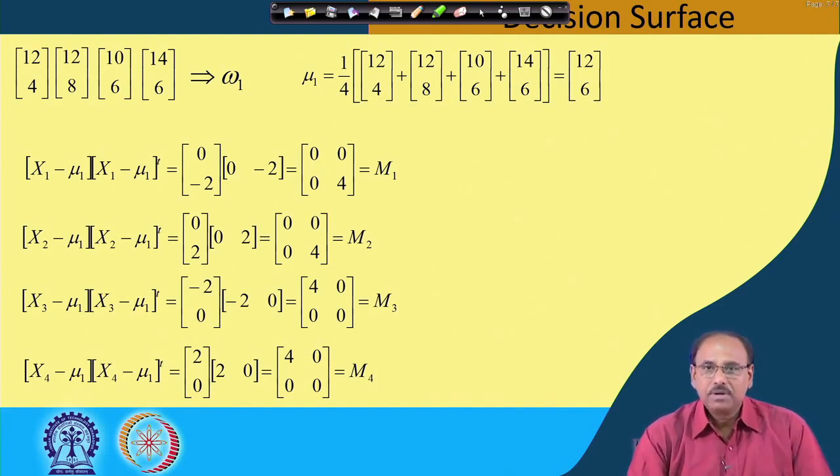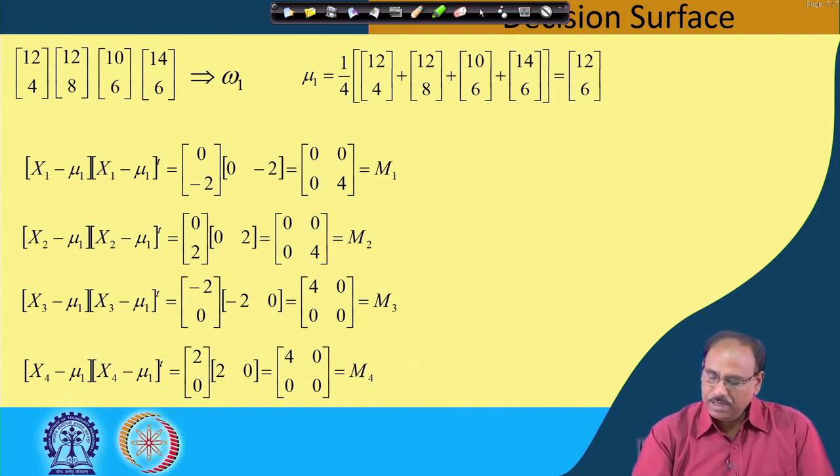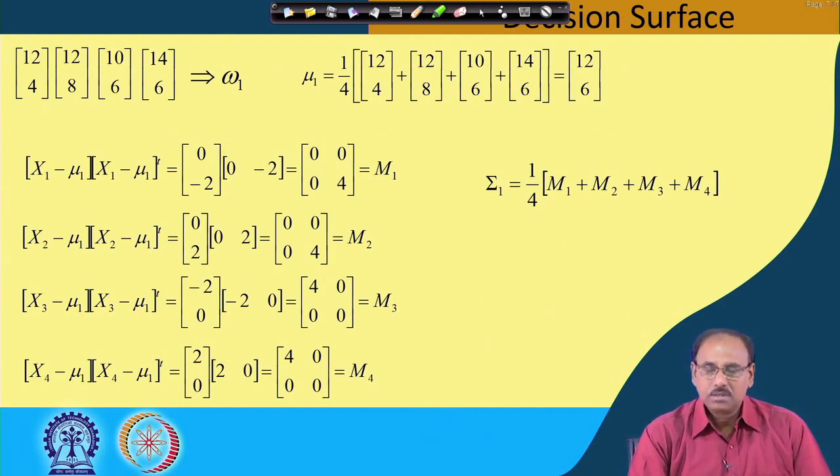Once I have these 4 matrices, the covariance matrix is nothing but the mean of all these 4 matrices. So, the covariance matrix for class omega 1, which is sigma 1, is simply 1 upon 4 into (m 1 plus m 2 plus m 3 plus m 4).